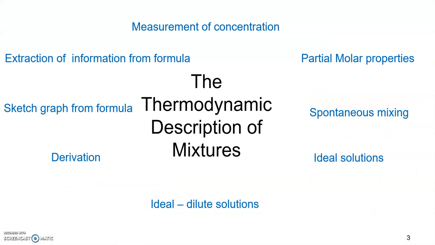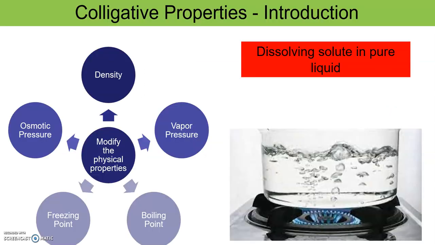I hope you already understand all of the lessons in the previous chapter, where all of this is important for you to understand better the lesson in this topic. So we will see the colligative properties.